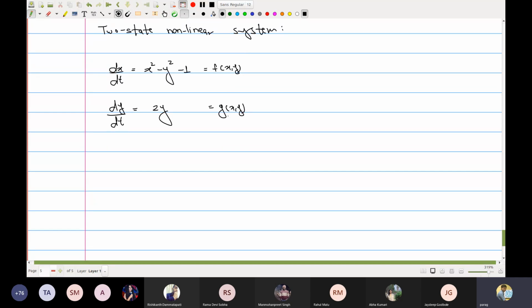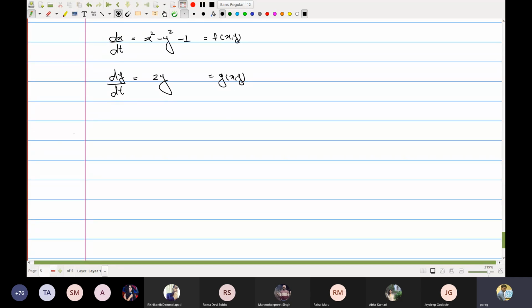Now the condition for equilibrium. The condition for equilibrium is that together, not individually, but together, f of x, y should be equal to 0 and g of x, y should be equal to 0.